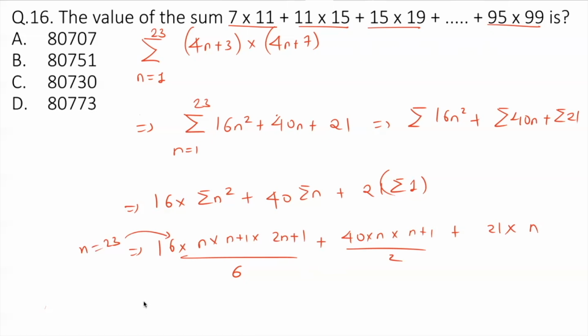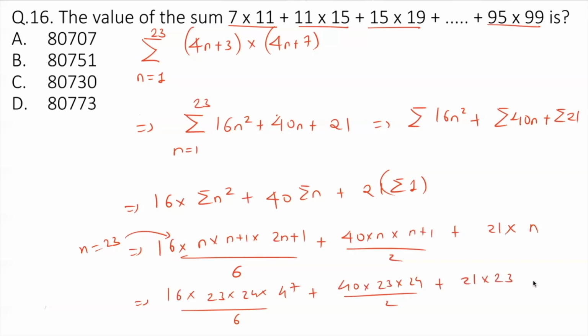So I will get 16 into 23 into 24 into 2 23s are 46 plus 1, 47, divided by 6, plus 40 into 23 into 24 divided by 2, plus 21 times 23.